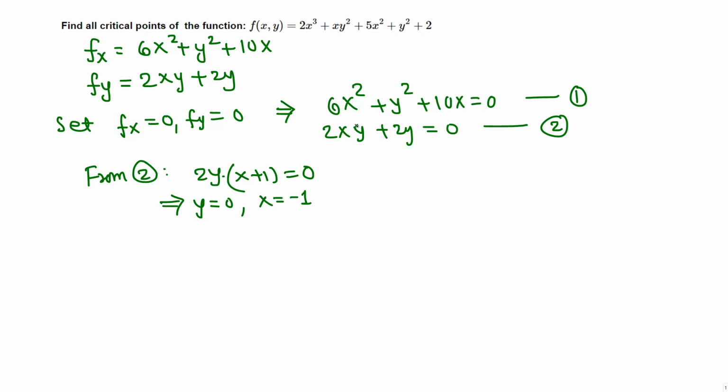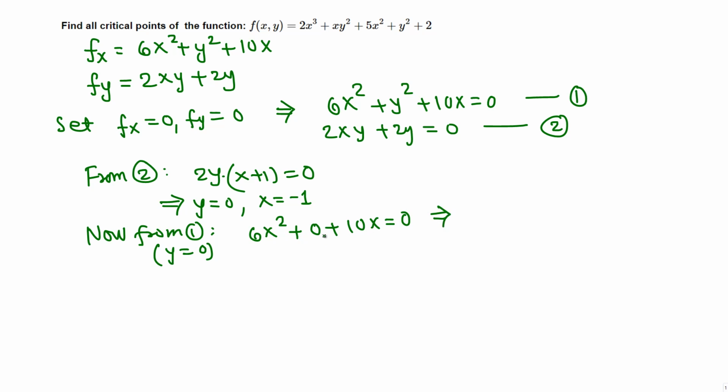So we got x and y values. Using this y, we need to find the corresponding x from equation 1. Now from 1, let's work with y equals 0. Then 6x squared plus 0 plus 10x equals 0. This has two terms, so we can factor 2x out, which leaves 3x plus 5 equals 0.